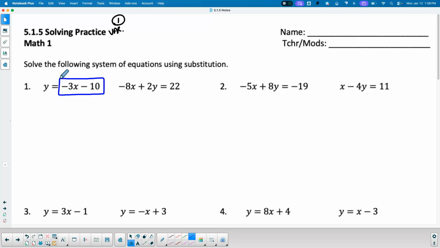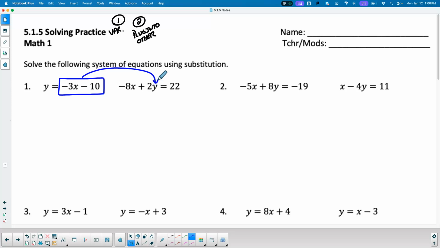We got y equals negative 3x minus 10. After that, then, we're going to take that and plug it into the other one. So I'm going to take negative 3x minus 10, and I'm going to plug it in for y.